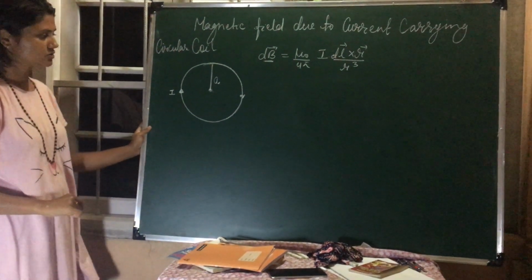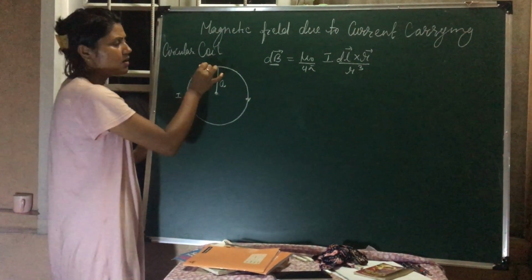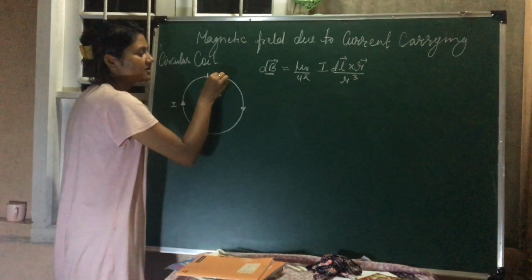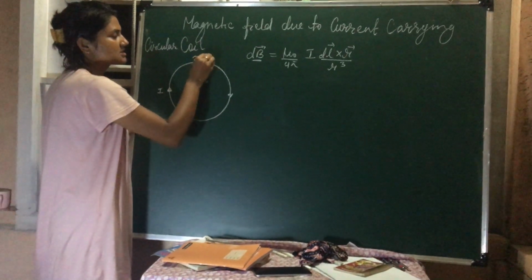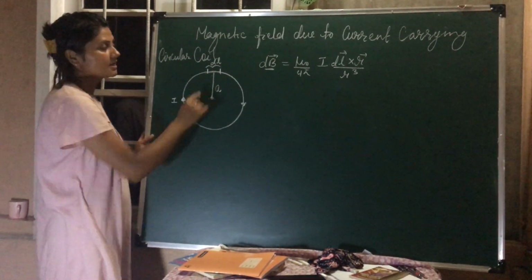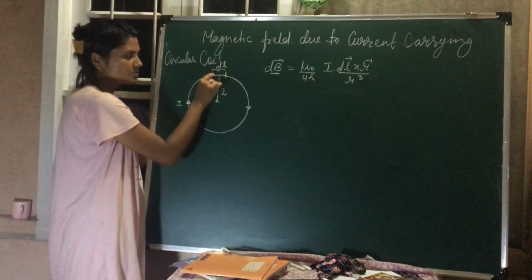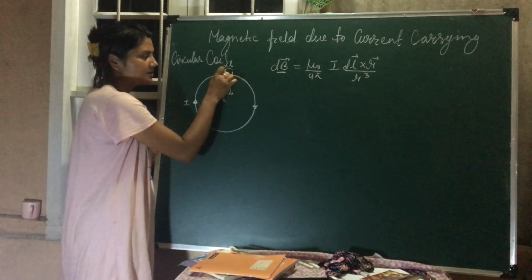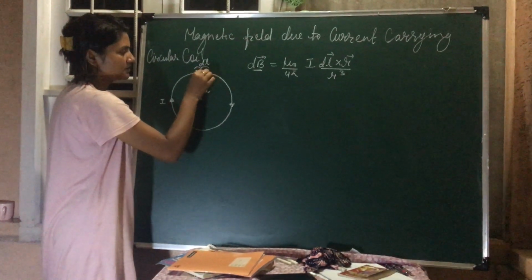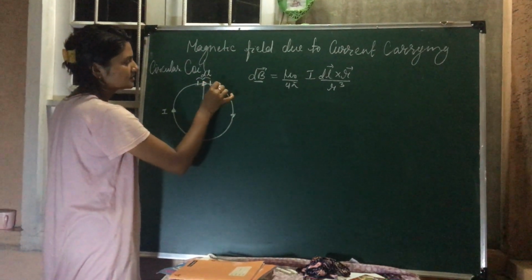So what we are going to do is divide this loop into a number of small sections. Say one of the sections is dL, very small. Now what is the direction of dL?